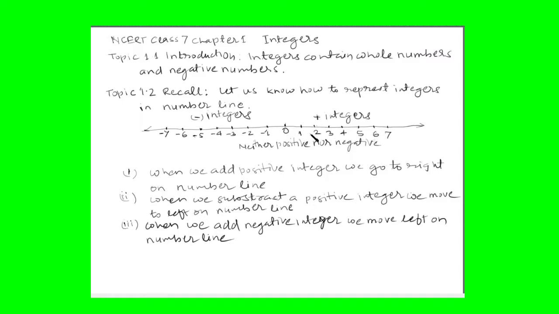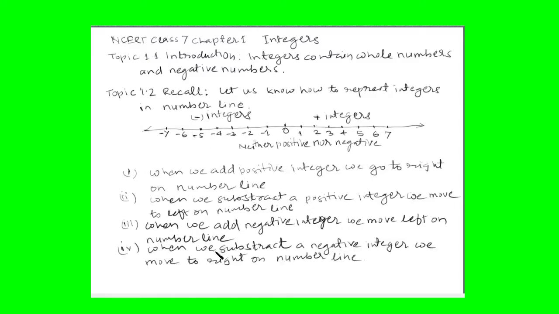So we are moving towards the left of 5. If I am on the number line at minus 2, and I add minus 3 to it, then what will it become? We will reach minus 5, which is on the left of minus 2.